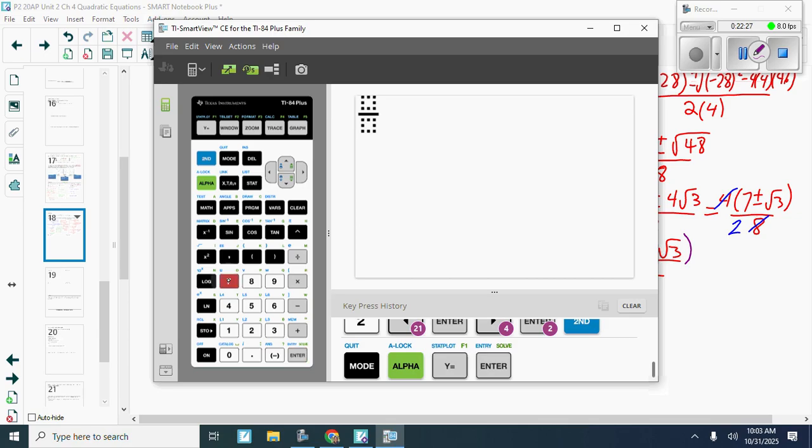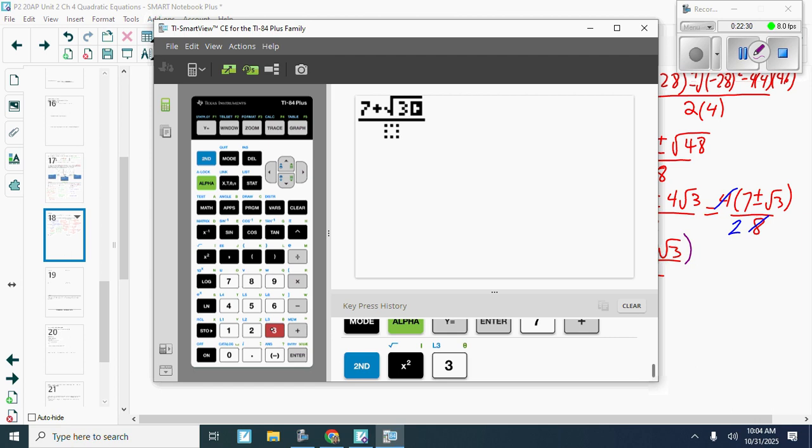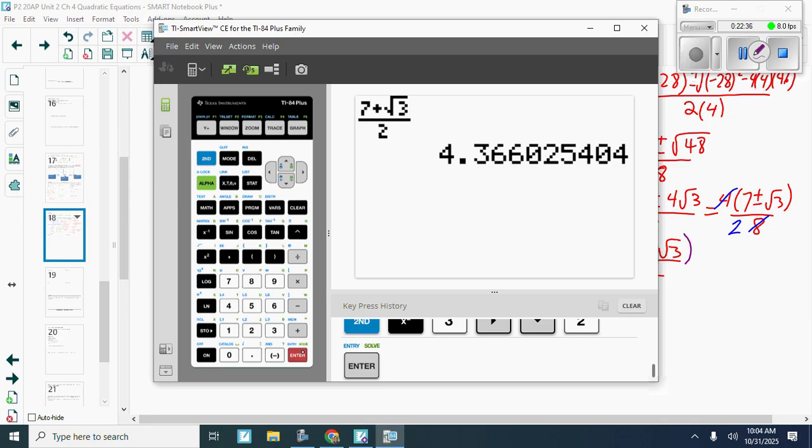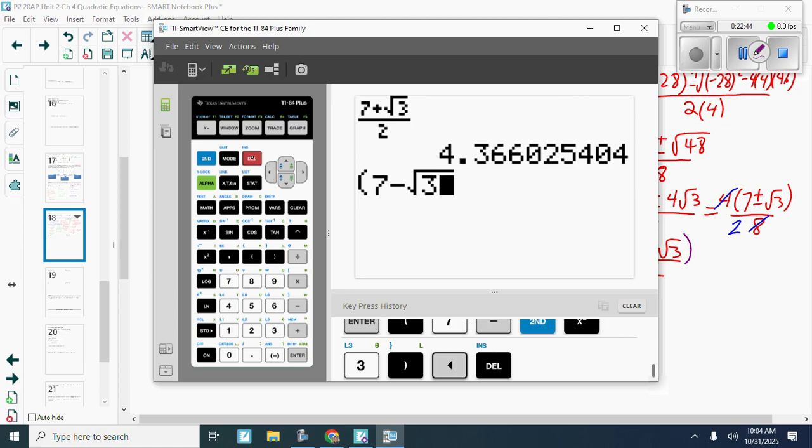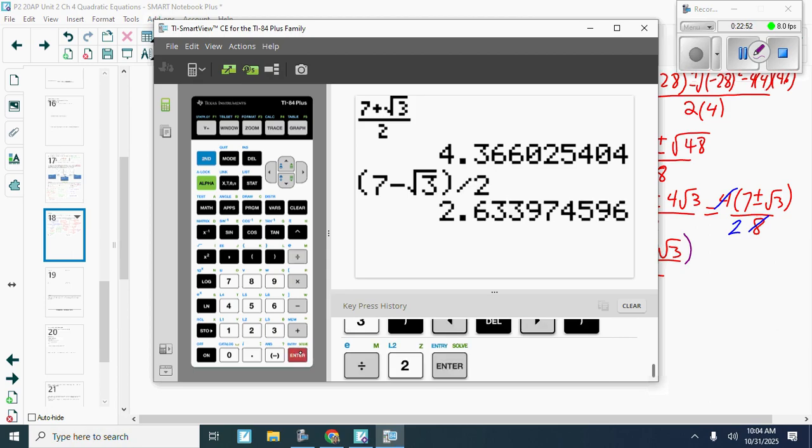We go 7 plus root 3 divided by 2, and then bracket 7 minus root 3 bracket divided by 2. Did you get the same decimals?